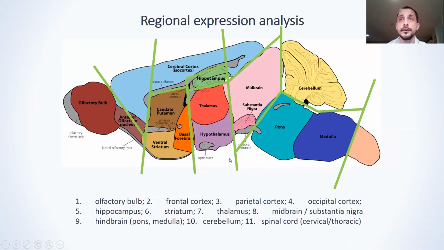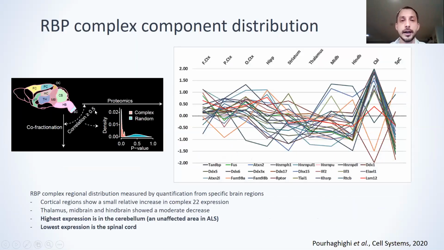The other thing we wanted to do with BrainMap was try to identify regional distribution of complexes. So we dissected mouse brain in the regions that you can see here and performed total proteomic analysis of expression patterns of proteins. This data is available on the portal that I showed the link to earlier.